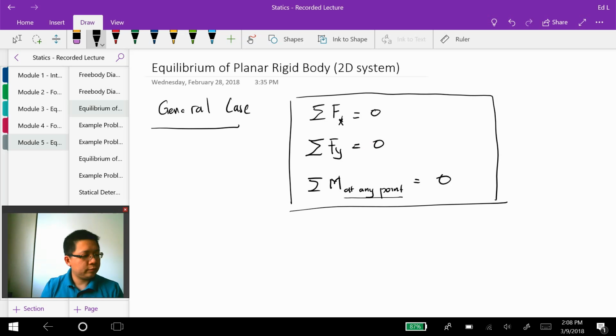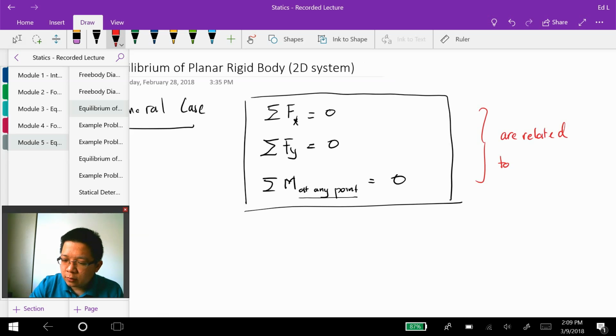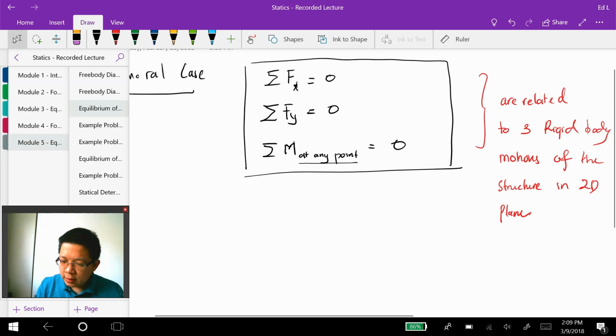As I said earlier, these three equations are related to the three rigid body motions of the structure in the 2D plane. What are they?